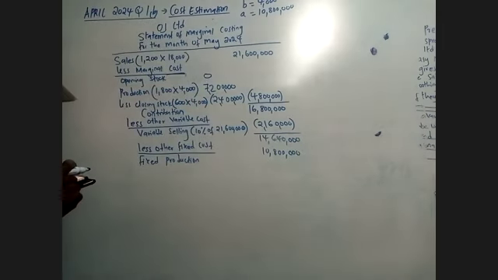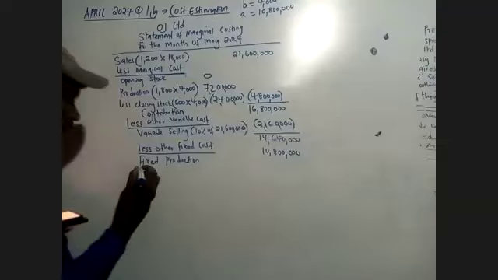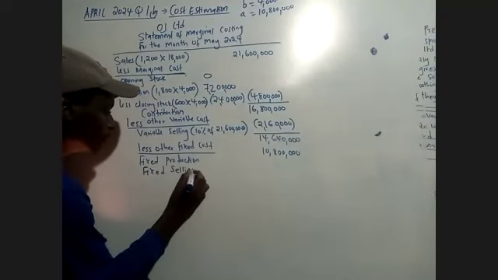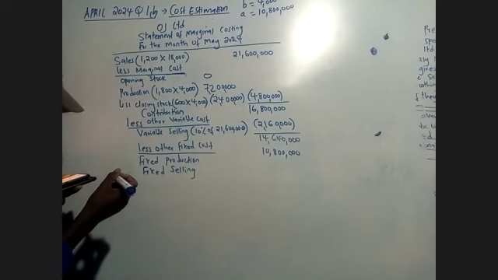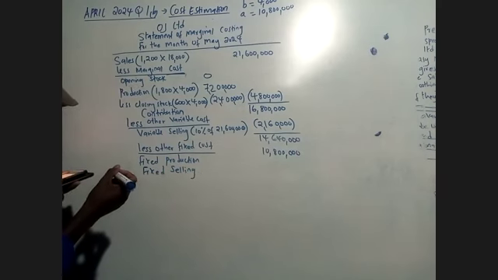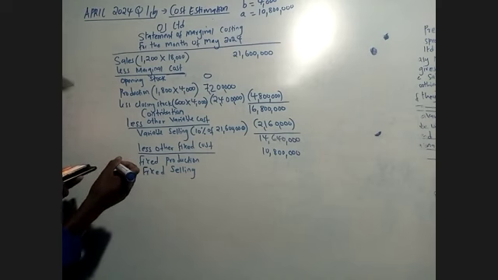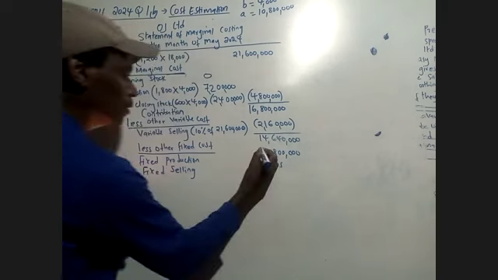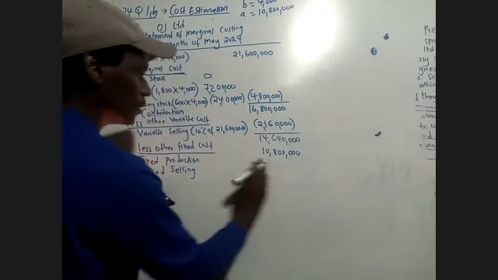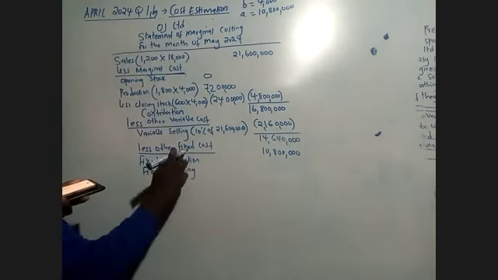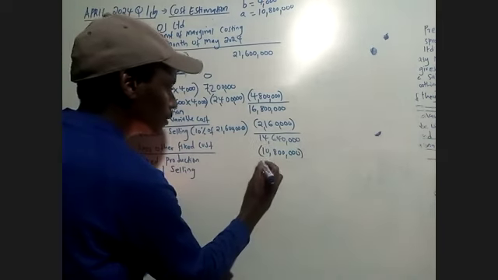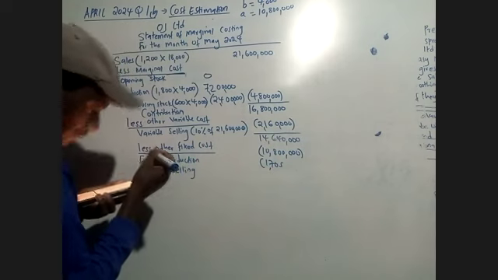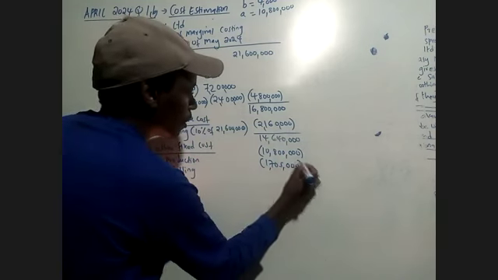Haya. And then you have fixed selling. Fixed selling ni ngapi? 17,05,000. Ai, nimefanya nini? Oh, iko sawa. 17,05,000.